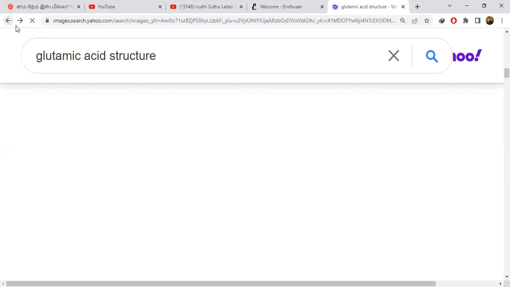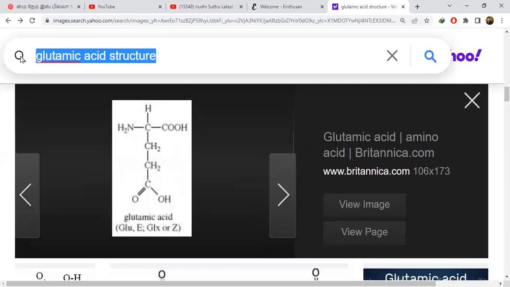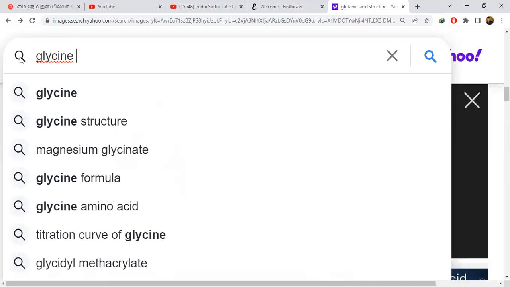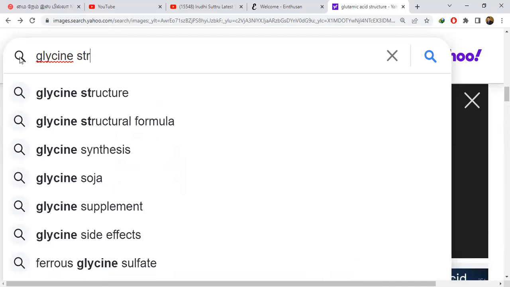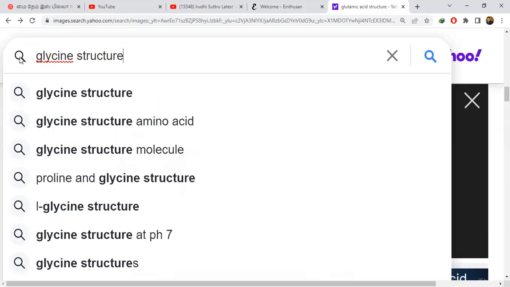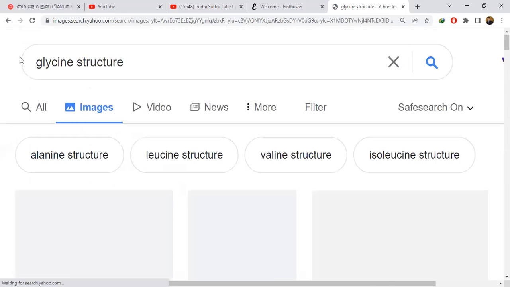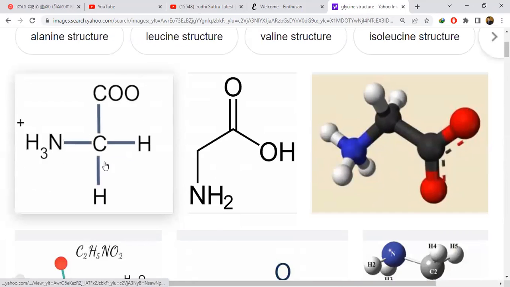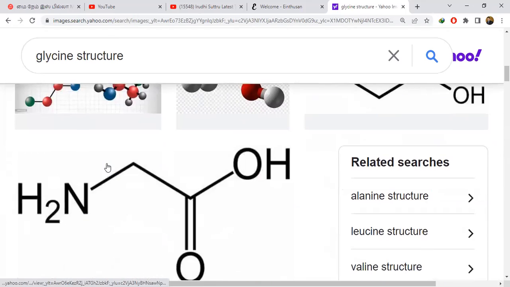Now I am choosing another amino acid. What's the name? Read the name. Glycine. So I am choosing glycine here, right?